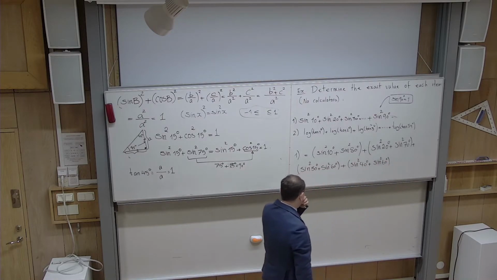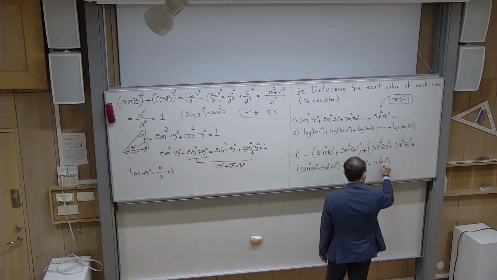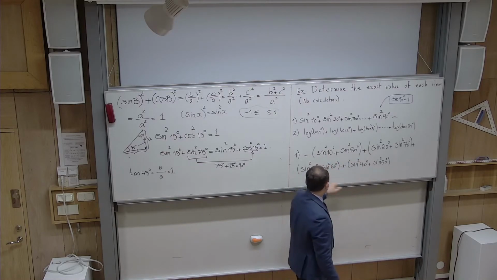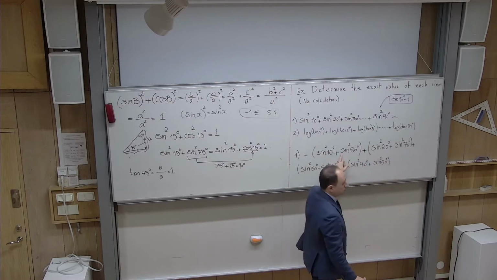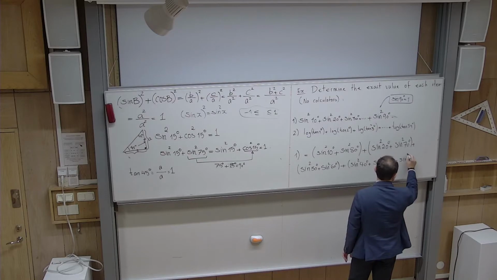Did I make a mistake? Yes, 40 and 50. Okay, so there's one thing left. 10, 20, 30, 40, 50, 60, 70, 80. So what is missing? 90. But it's already one, so you just add.